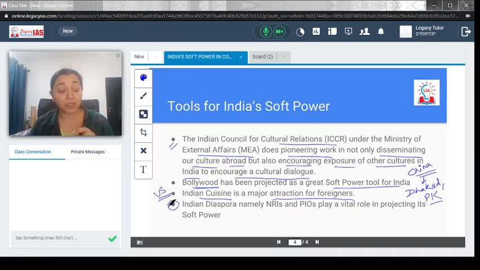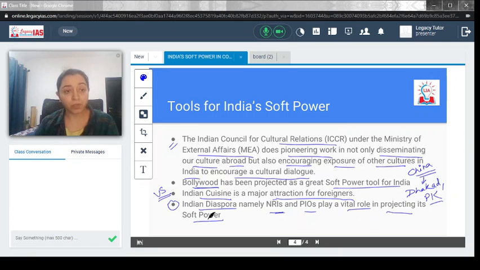Indian diaspora is a very powerful tool available for India. The NRIs and PIOs, persons of Indian origin, play a vital role in projecting its soft power. These are the various tools through which India is realizing its soft power, and in the latest context, India's soft power is definitely way more than China's.